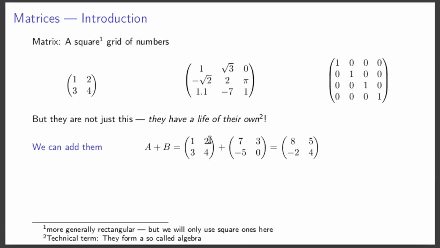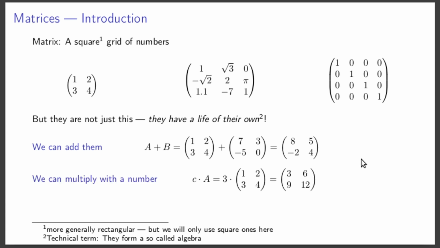Then you move one over to your top right corner, which is 2 here, and the top right corner is 3 here, so 2 plus 3 is 5, and this 5 goes into the top right corner of your result. Then you go to the lower left, 3 minus 5 is -2, and so you proceed through your whole matrix and calculate the result element by element. 4 plus 0 is 4.